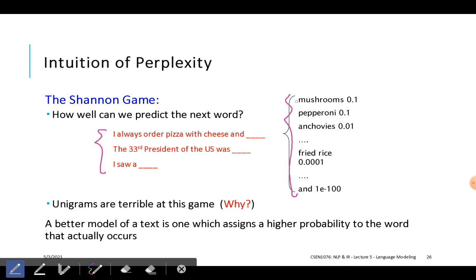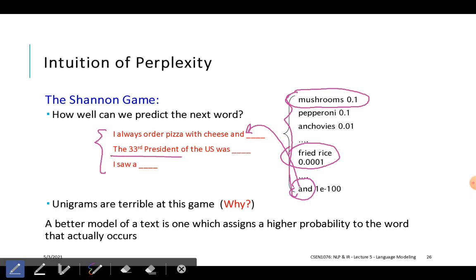It's just that there are so many of them, and then you will have to use one or two of them. So the probability of you saying mushrooms, for example, is going to be much higher than the probability of you saying fried rice. And it's going to be very much higher than the probability of using "and". And again, repeating "and" after "and" is probably going to be a typo anyway.